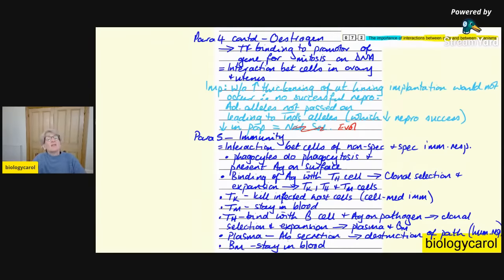This gives rise to plasma cells and B memory cells. Plasma cells secrete antibodies, which bring about the destruction of the pathogen throughout the body, the humoral response. And the B memory cells stay in the blood.